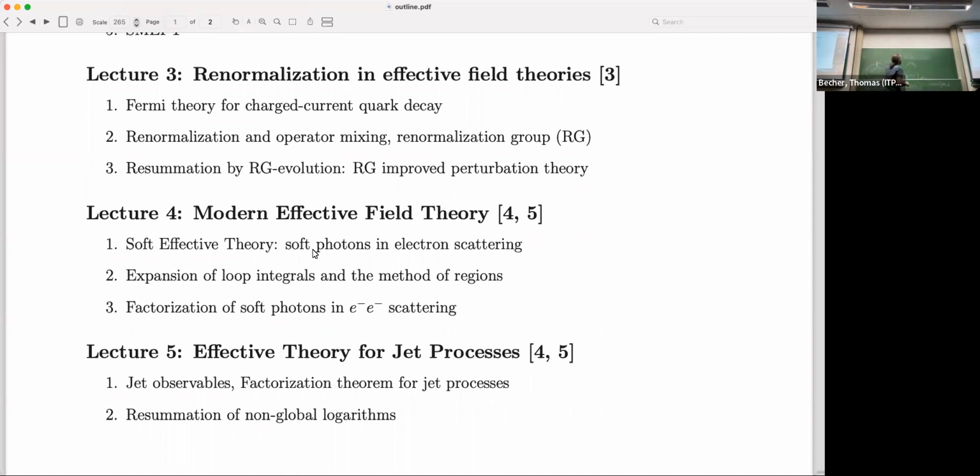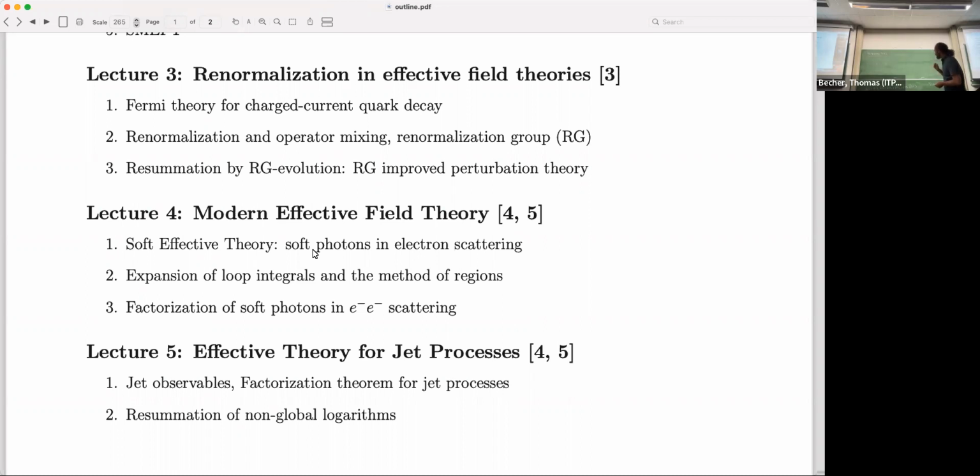So now I can discuss this idea of Wilson. It's maybe the earlier formulation of effective field theory. So Wilson worked with this path integral formulation.